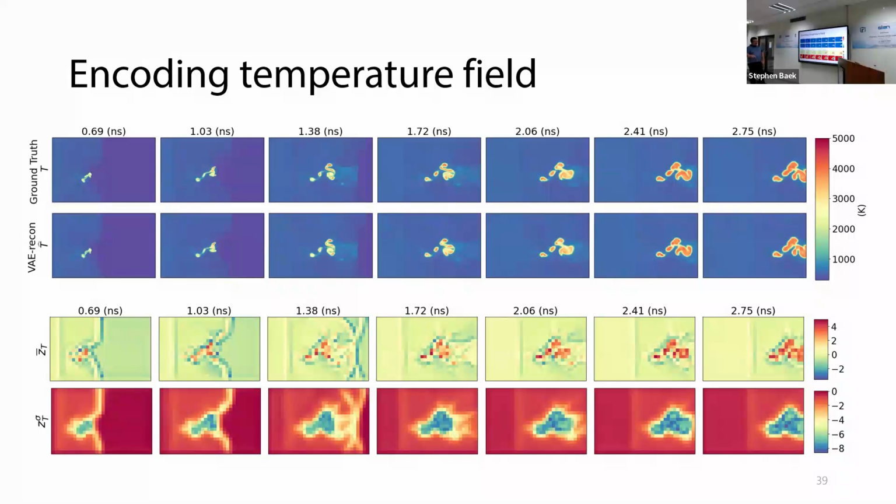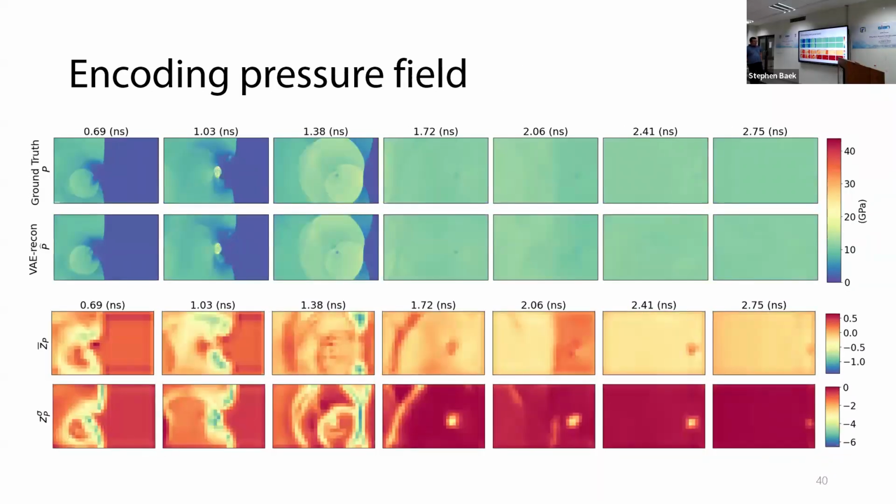And ZT sigma is the standard deviation of the ZT in a normalized log scale, which is why we have negative values for the standard deviation. In that log scale, we have something like this, and that's basically the visual representation of the encoded temperature field.